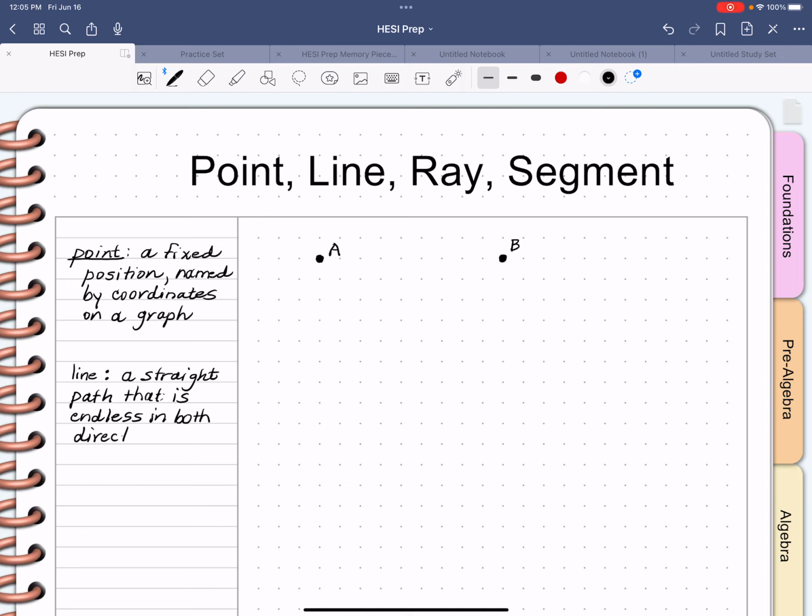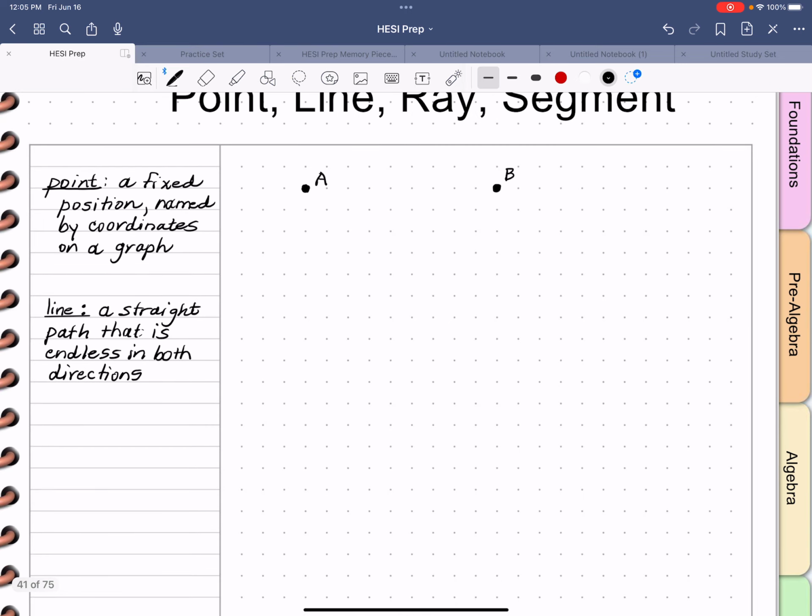It's endless in both directions. So a line is going to be designated by arrows. So if you want to draw a line, I'm going to draw a horizontal one first, right here. And it's endless in both directions, so it will have arrows on the end. So this is a horizontal line.